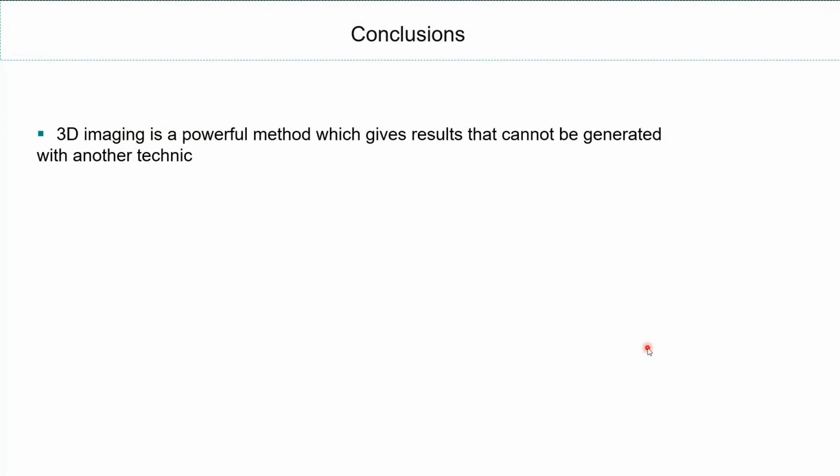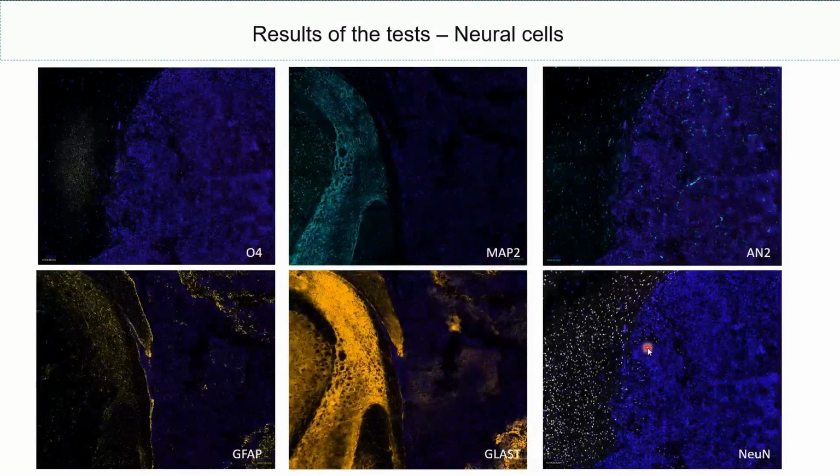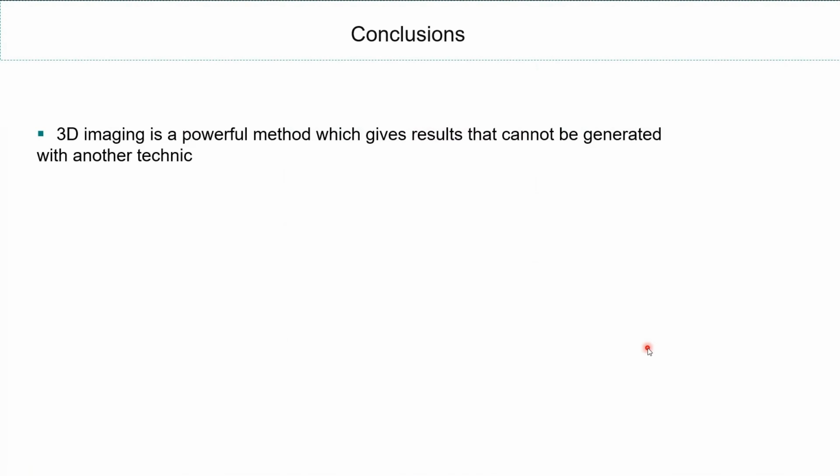So this technique is working quite well, and now we are preparing the samples, samples with tumors which express or not the MLIP protein. We will analyze the tumors and the microenvironment at different times of tumor growth. So in conclusion, 3D imaging is a powerful method which gives results that cannot be generated with another technique.